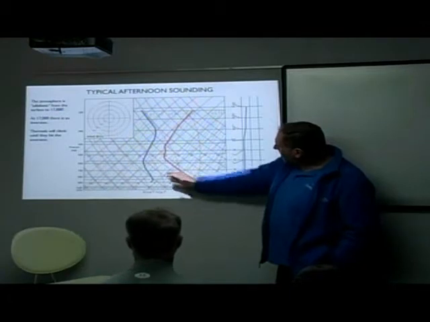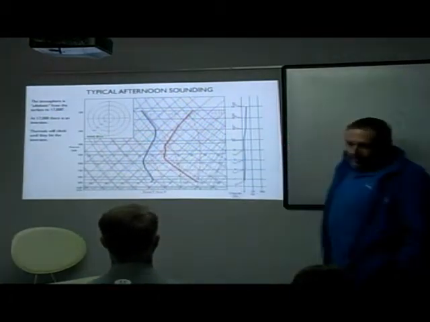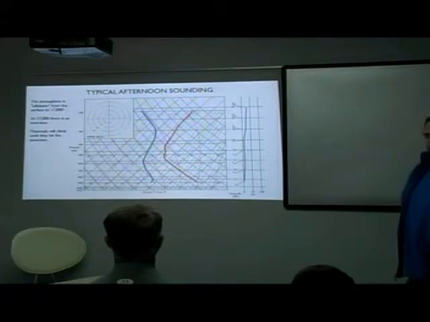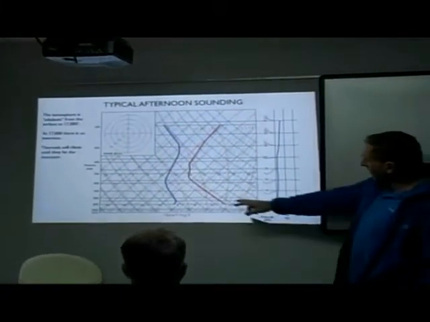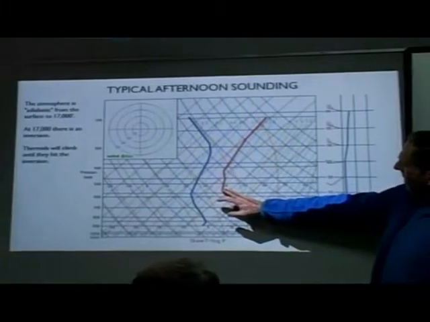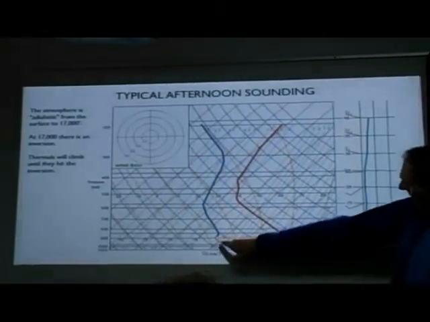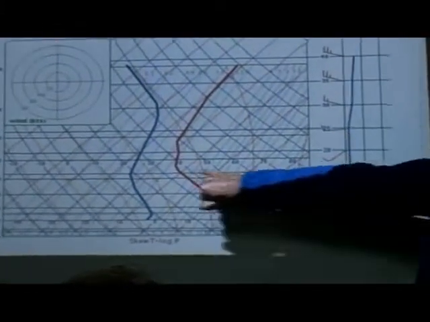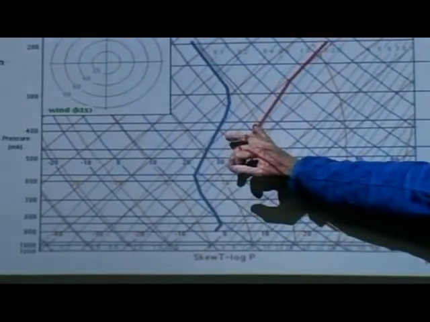So if I have an adiabatic atmosphere, any spot warming is going to cause lift until it's no longer adiabatic, which would stop that right there. So about 17,000 feet here is where this inversion is.